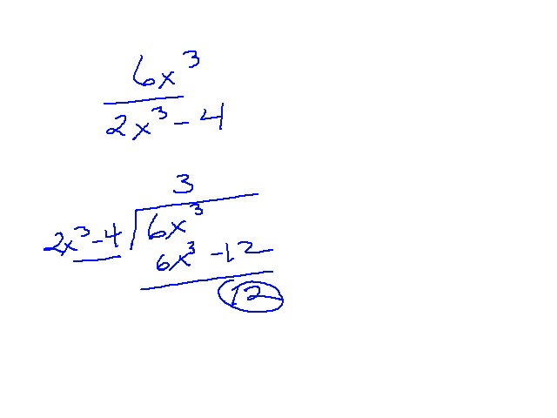So this is where I stop. So now let's write this out. This would be 3 plus 12 over 2x cubed minus 4. I just worked out the division and then put the remainder over the divisor.